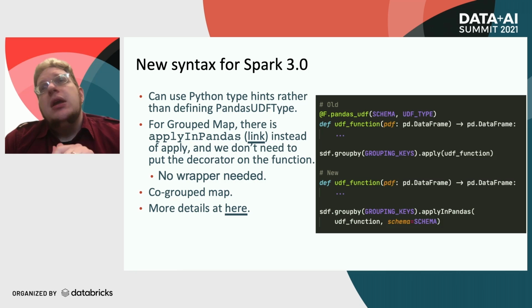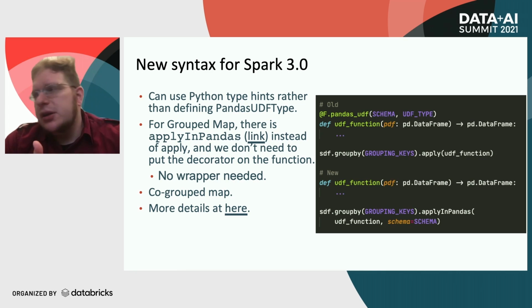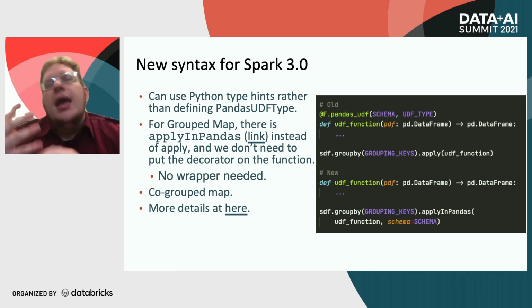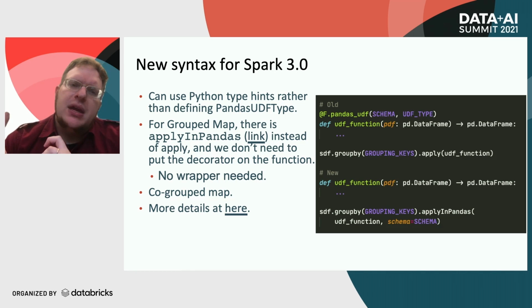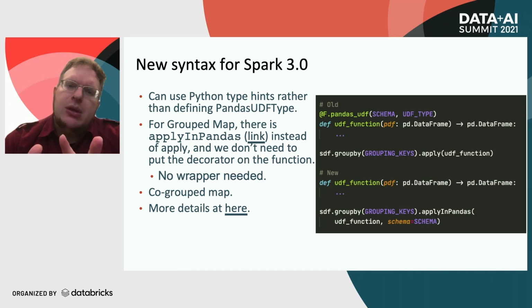First, instead of defining a PandasUDF as a grouped agg, scalar, or scalar iter, you can instead use Python type hints on the function that you're giving, and it will infer the type of PandasUDF. You still need the decorator, and you still need to give it the schema with that.